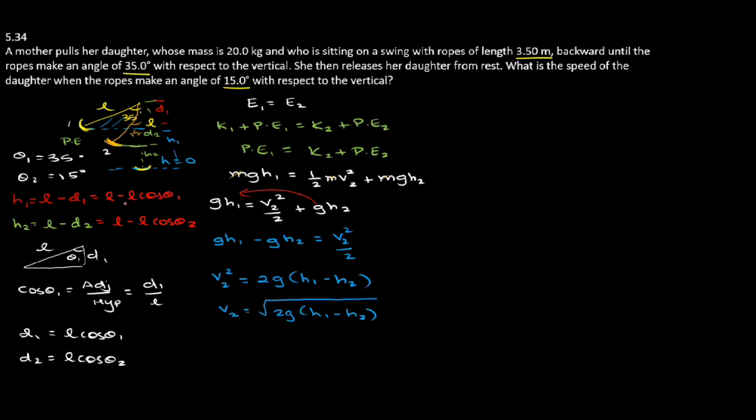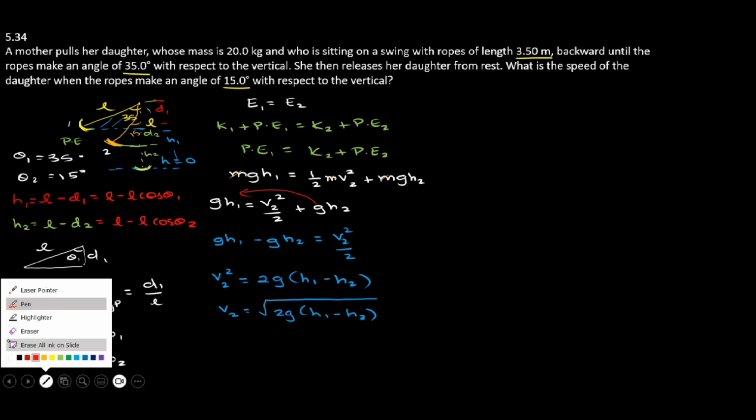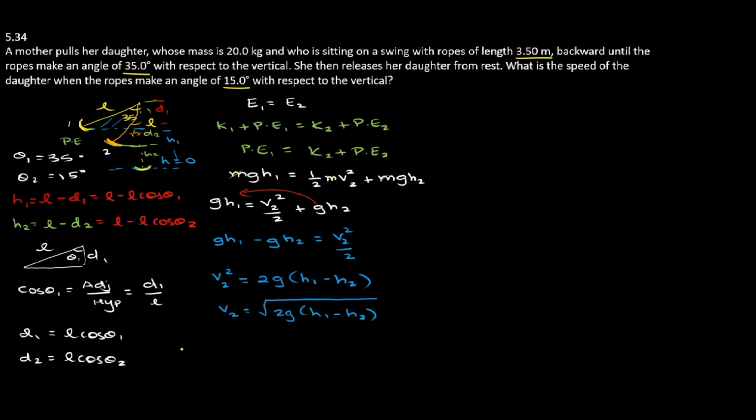After getting the values of h1 and h2, I can substitute them in my final expression for velocity. So let's do that. I get v2 equals square root of 2g times h1, which is L minus L cosine theta 1, minus h2, which is L minus L cosine theta 2.